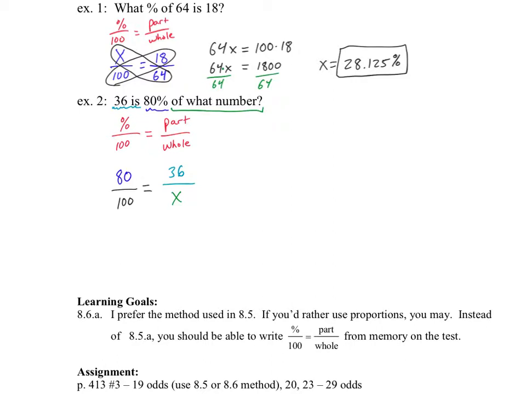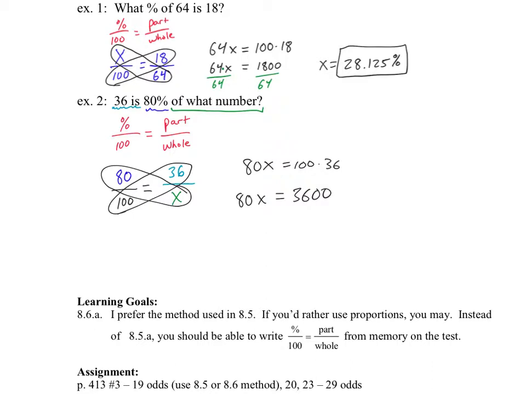So both of those go in the top, because 36 is the part, and the number is the whole. So we could go through and cross multiply. I have 80 times x equals 100 times 36. So we get 3,600 on the right, and that equals my 80x.